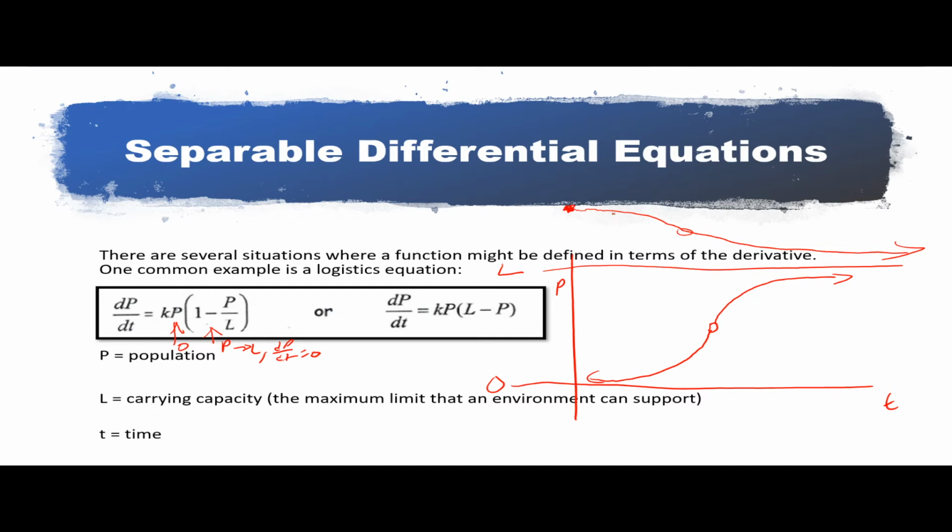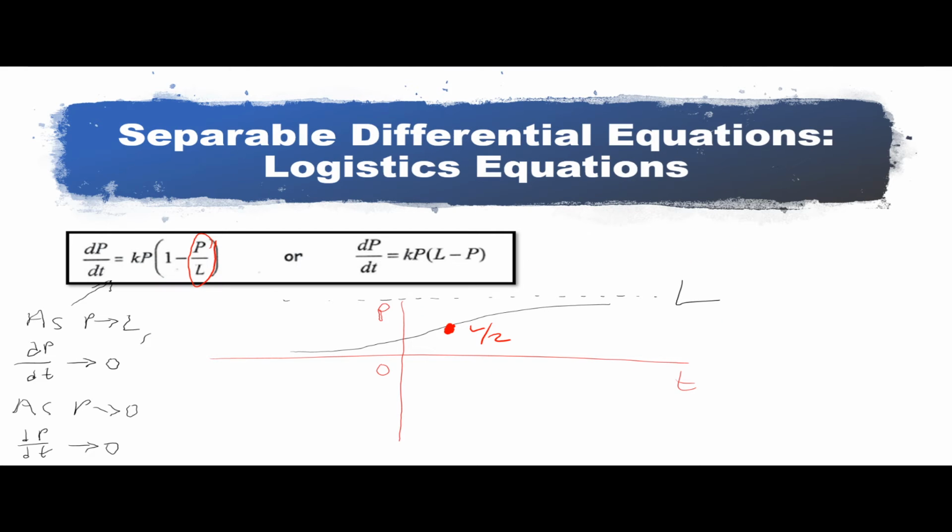So I still have a point where we're concave down up to a point where we're concave up, and I'm approaching that limit as we go towards infinity for time. Our fastest growth rate in this case, for real-world population growth, is when we're at half of our environmental carrying capacity. So at half of our upper limit, we'll be growing as fast as possible, which just means dp over dt will be the largest positive value possible.